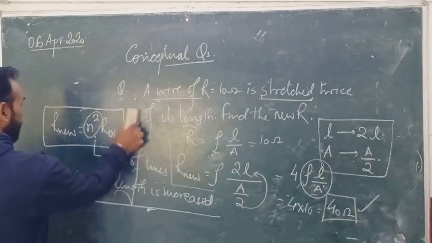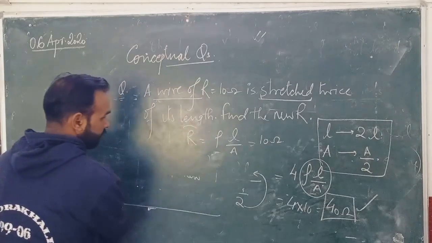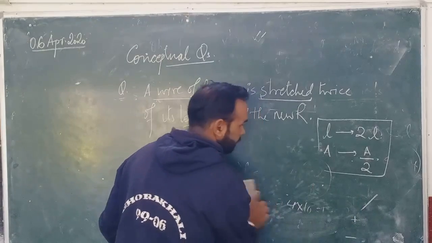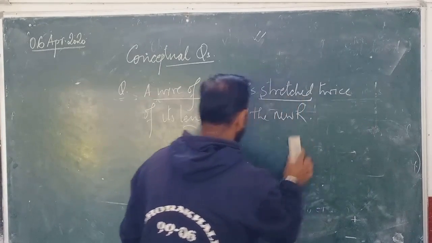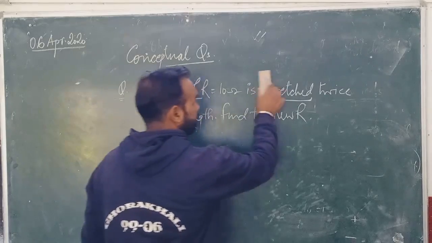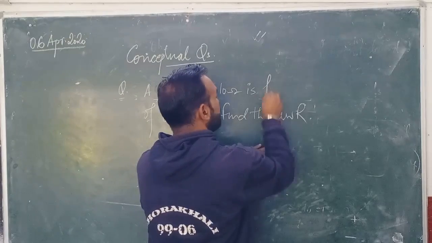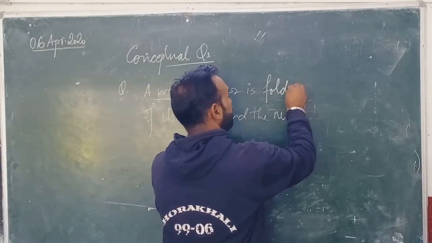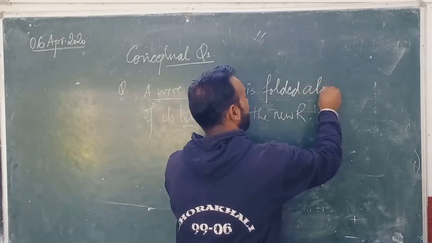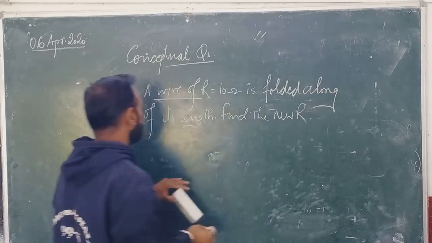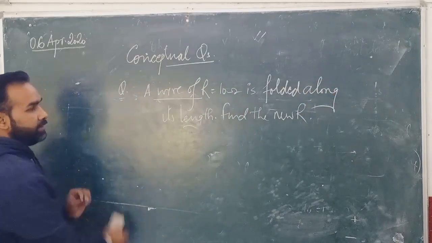So the second concept I would like to tell you is regarding folding. A wire of resistance 10 ohm is folded along its length.